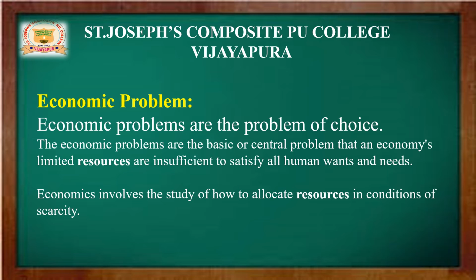Wherever there is a shortage or scarcity of resources, instead of that we can use an alternative, alternative resources, meaning allocate resources. This will be helpful to solve the problem of scarcity. So economics involves the study of how to allocate resources in conditions of scarcity. So this is the economic problem.